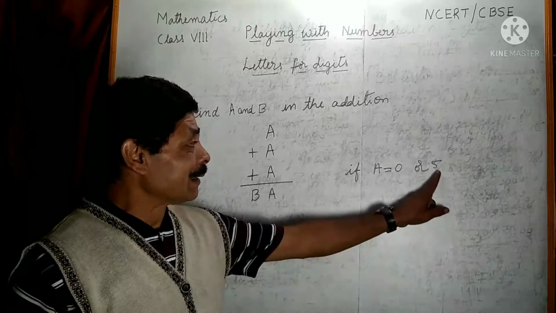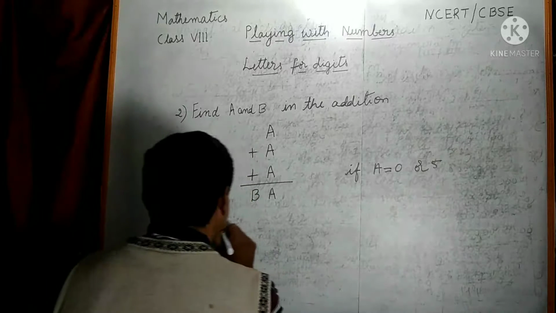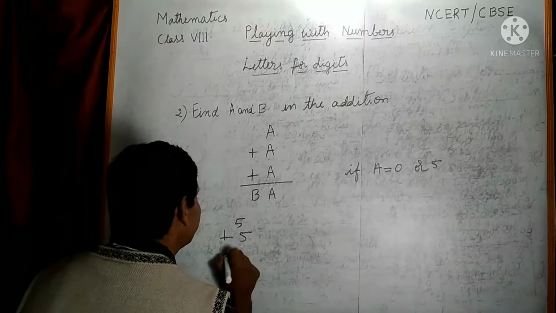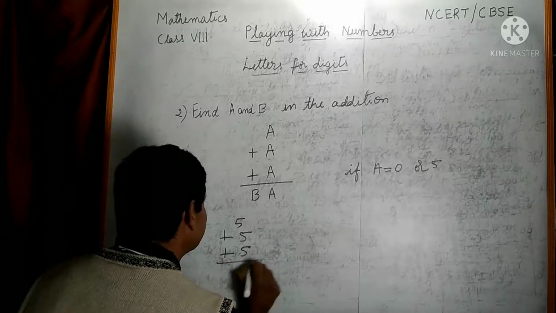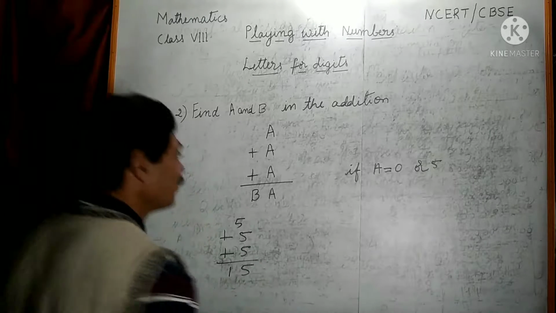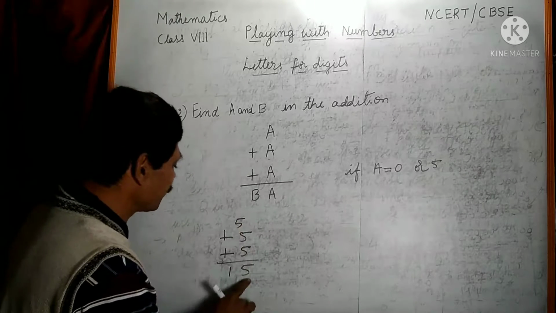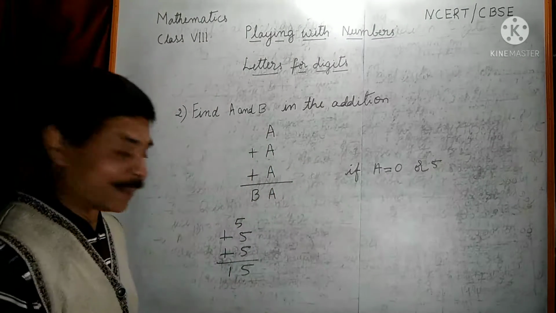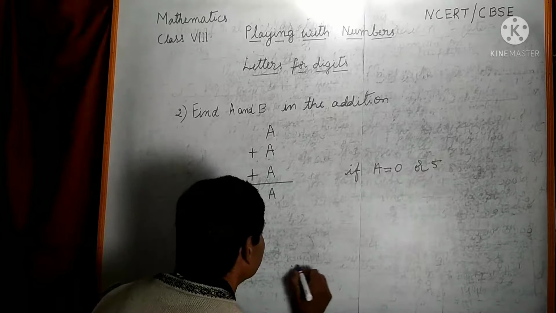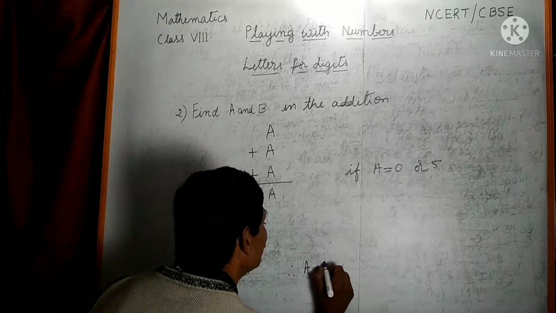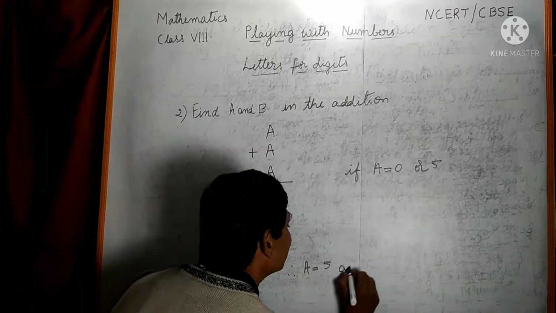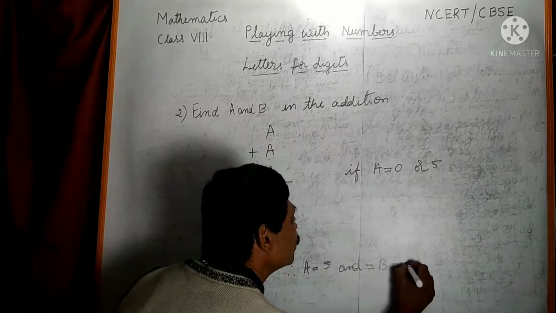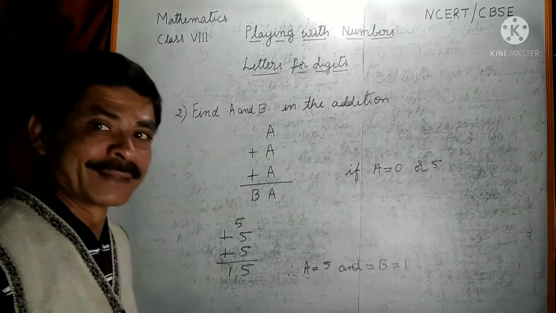Let us take A is equal to 5. 5 plus 5 plus 5 is equal to 15. So A is 5 and B is 1. Therefore, A is equal to 5 and B is equal to 1.